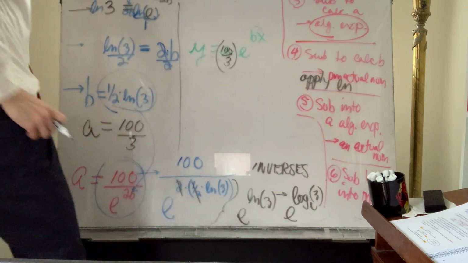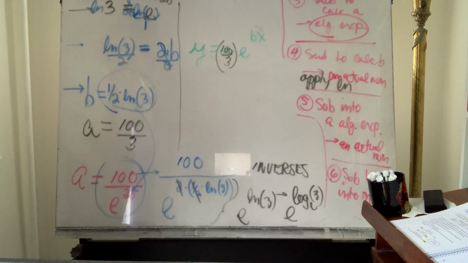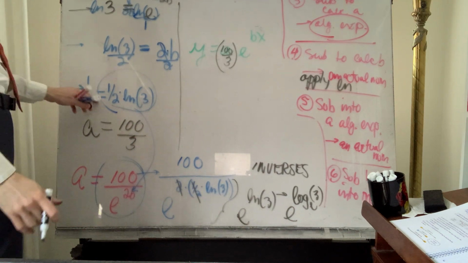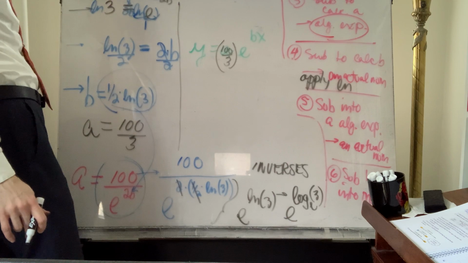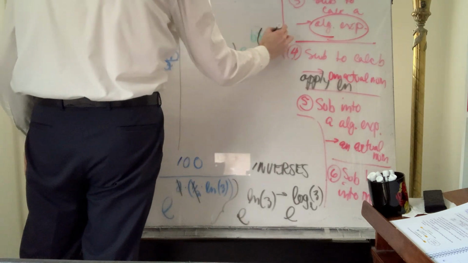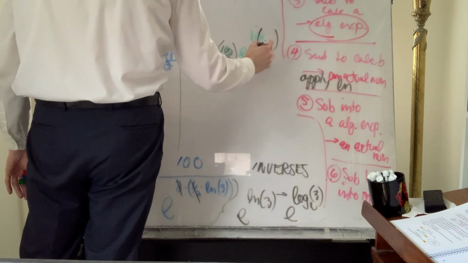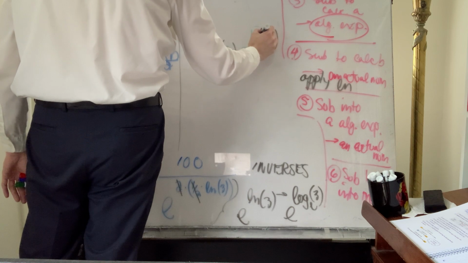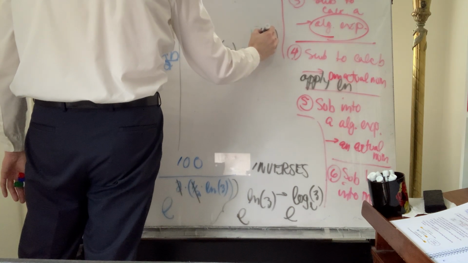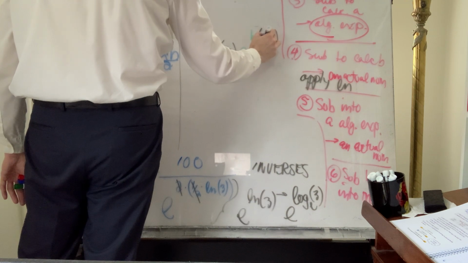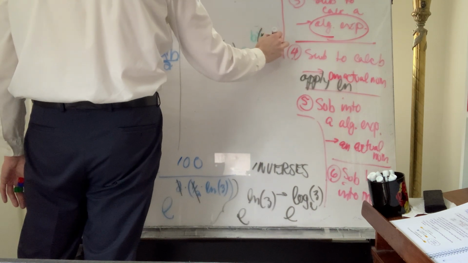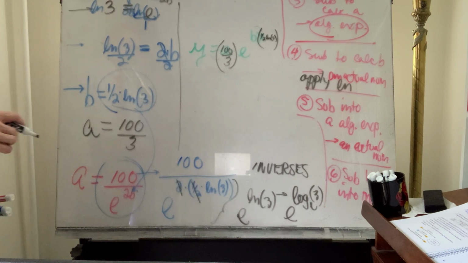Leave it like that. And in place of B, we have this. All right. If you like, 1/2 the natural log of 3. Right. Really squeaking it in there, sorry.